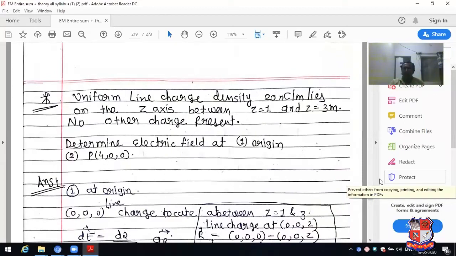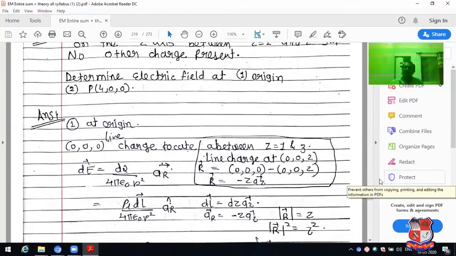See this: a uniform line charge density of 20 nanocoulomb per meter lies on the z-axis between z equal to 1 to z equal to 3 meter. No other charge is present. So first of all, determine the electric field at the origin.